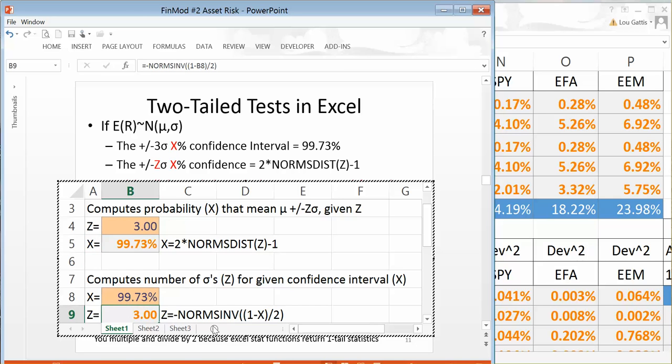Or again, use this function, minus NORM.S.INV, and inside the function there, 1 minus 99.73% divided by 2. We'd see that is the 99.73%. So again, we could change these values and ask how confident we are of being within a half a standard deviation. Well, 38% of the time, you'll be plus or minus 1/2 standard deviation.